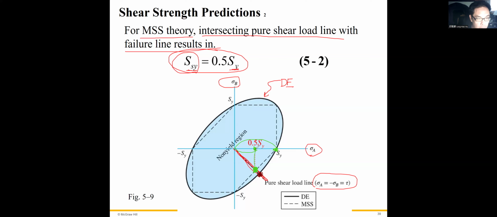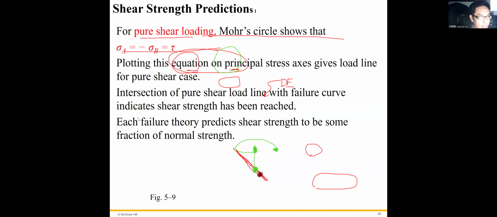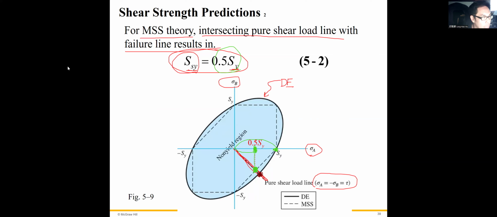Therefore we say this projected point equals 0.5 yielding stress. And the intercept of the pure shear loading line with the failure curve indicates the shear strength has been reached. That means when this loading line reaches the intercept of the stress envelope, the shear stress has been reached.